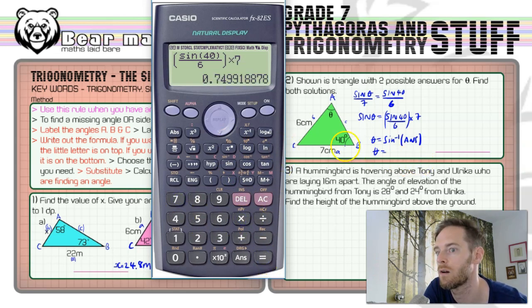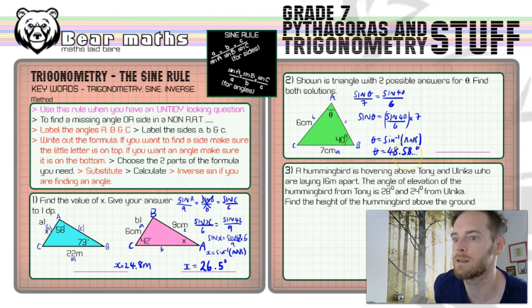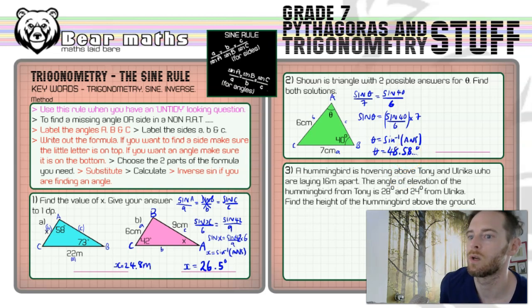All right, there's our non-inversed answer. So we're going to inverse sine answer equals 48.58. I'm going to write down 48.58 degrees. There's one of our answers. Okay, that is a potential angle.